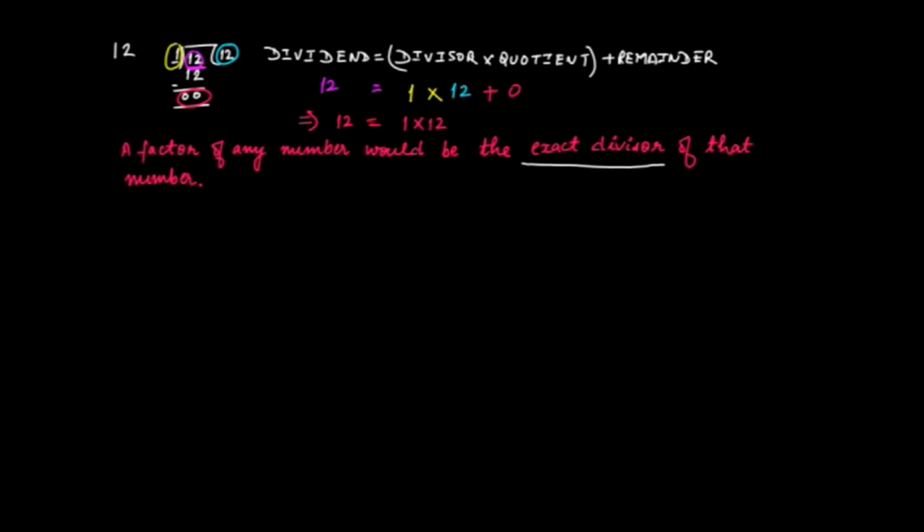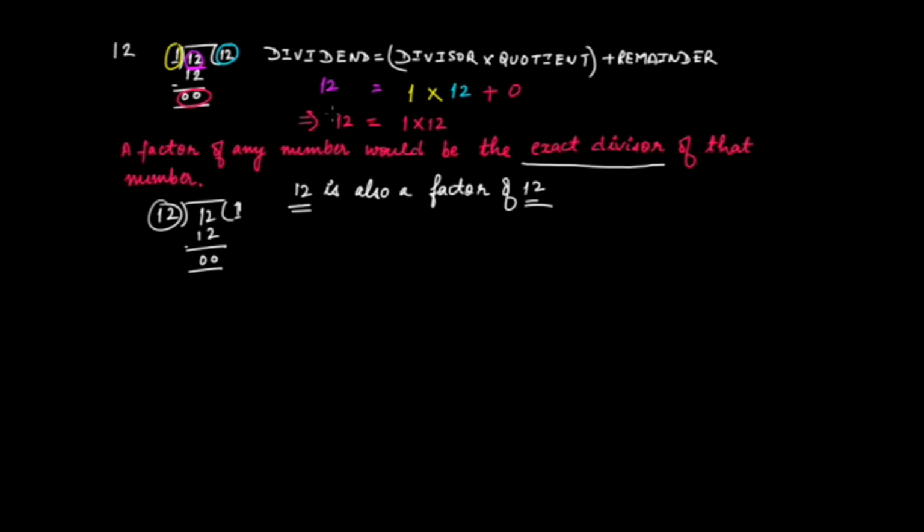Now why don't you divide 12 by 12? Try it. Divide number 12 by 12, and again you would get 0 as a remainder, and therefore you would say that even 12 is the exact divisor of 12, and therefore 12 is a factor of 12, because you're getting remainder as 0.